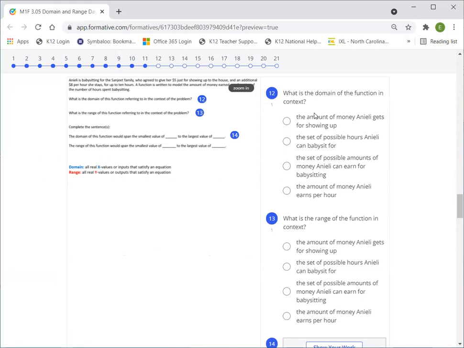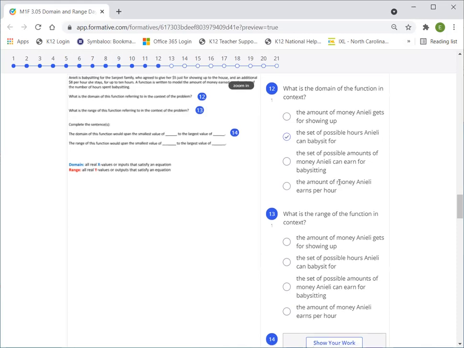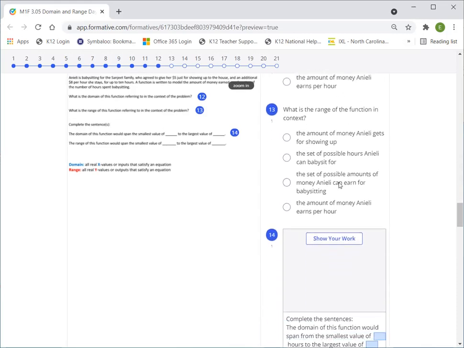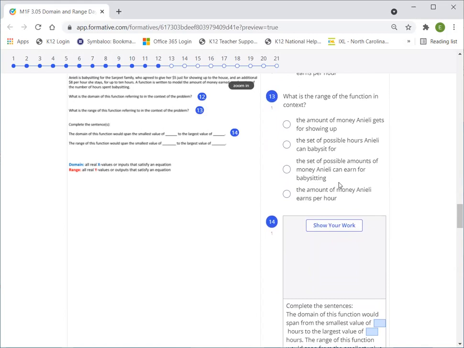So the domain would be the set of all possible hours that she can babysit for. And then the range would be the amount of money she gets, all the possibilities for the amount of money she can make. So not just the amount of money for showing up, but all of the possible amounts.